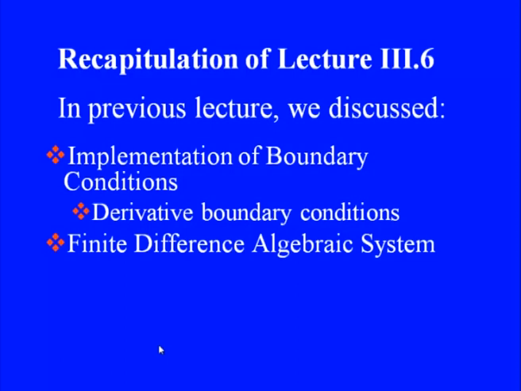And then we discussed features of the finite difference algebraic system which we obtain from discretization of our continuum problem. So we discussed in detail nodal discrete algebraic equations and what we mean by computational molecule or stencil in the context of finite difference discretization, and we briefly looked at indexing and storage aspects as well.